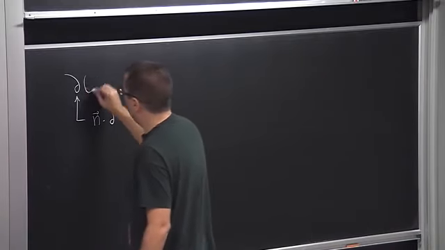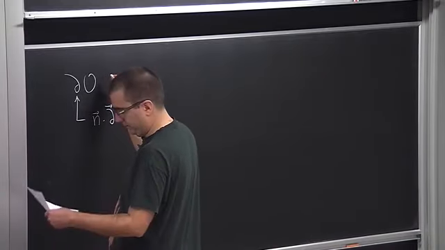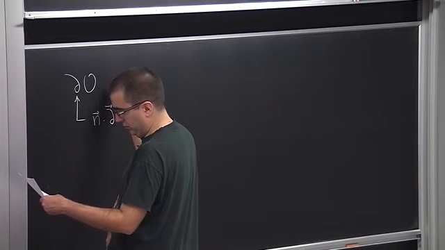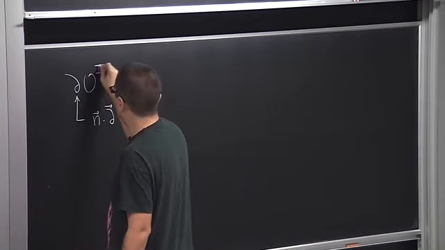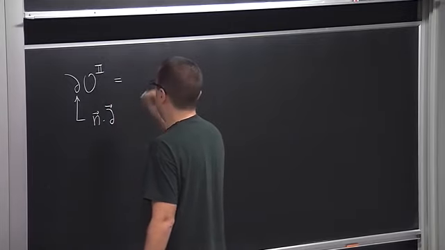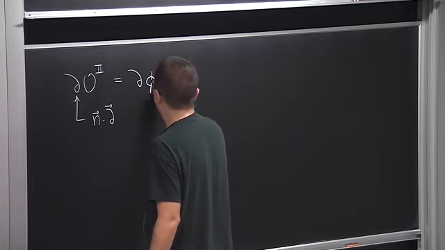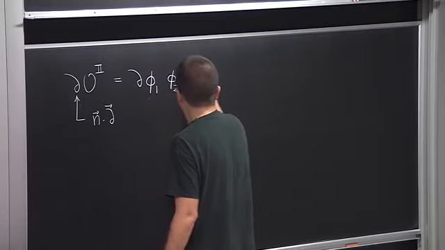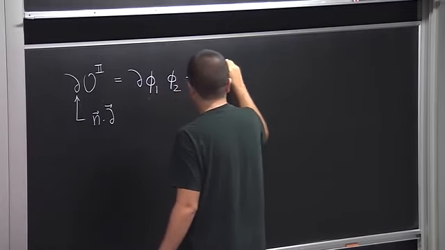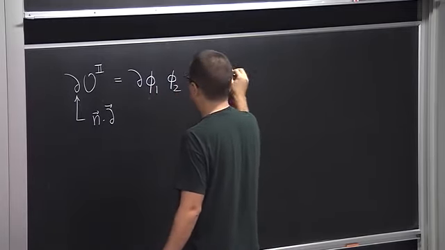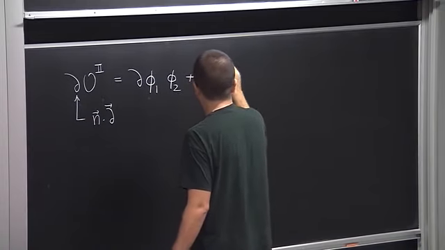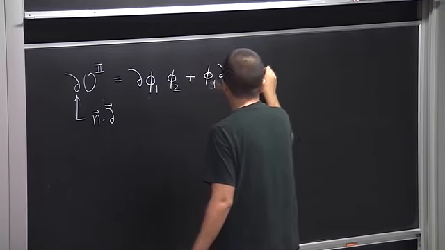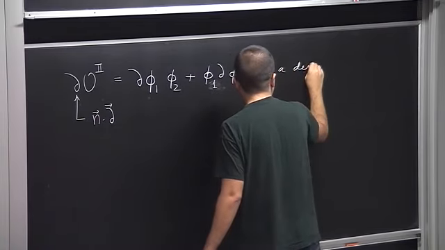So the derivative, for example, of operator O2: it is just d phi1 phi2 plus phi1 d phi2, which is a descendant, of course, right? It's just the definition of descendant.